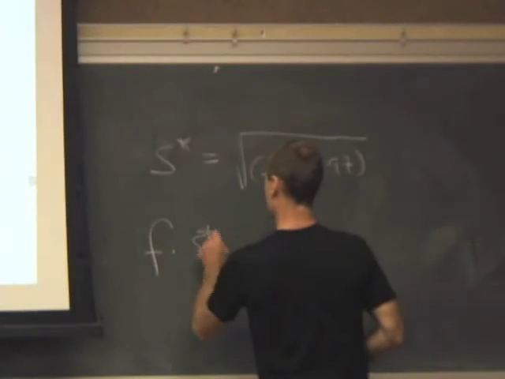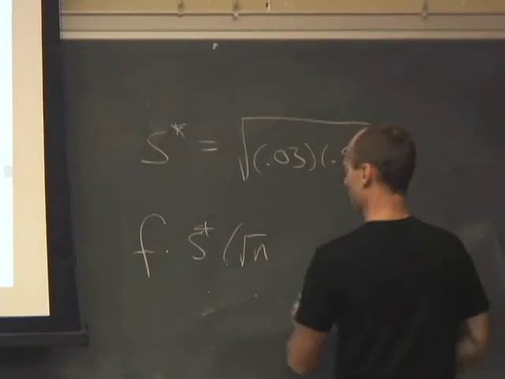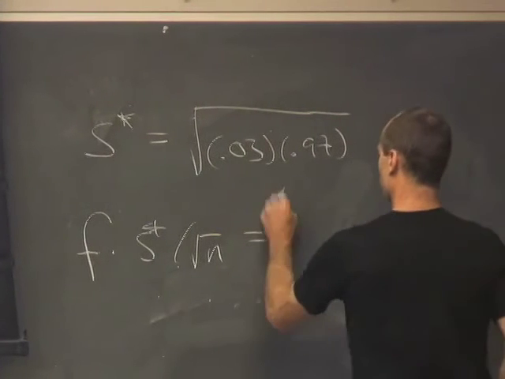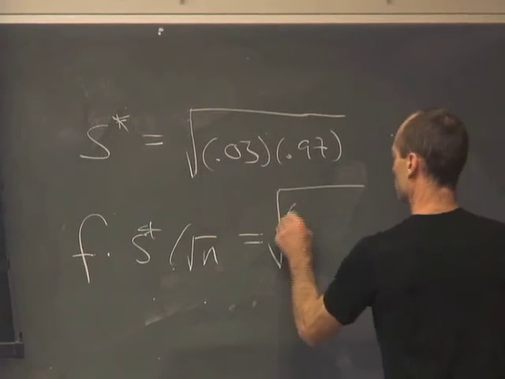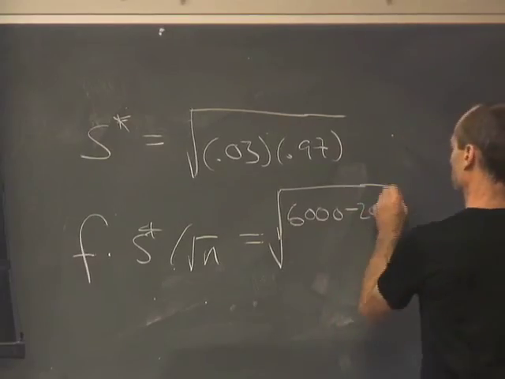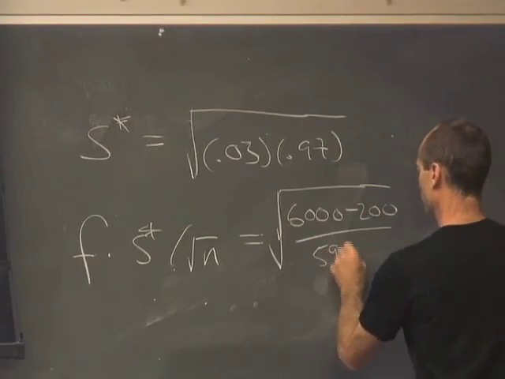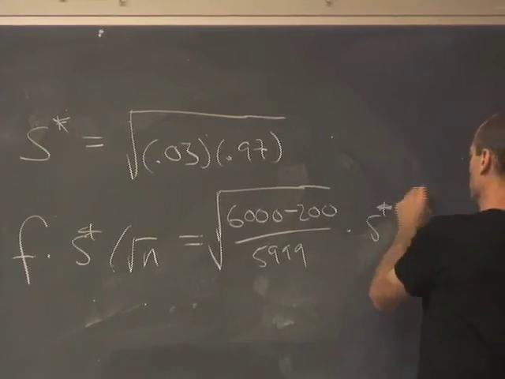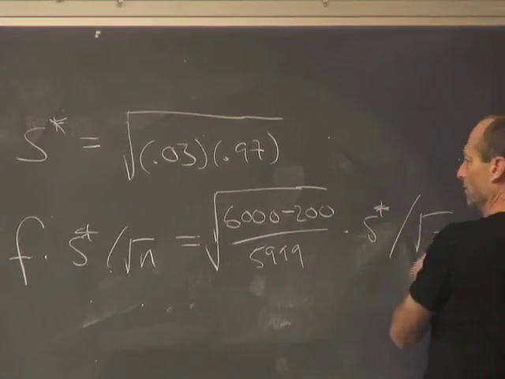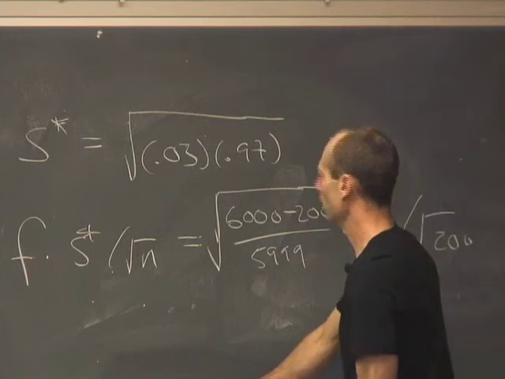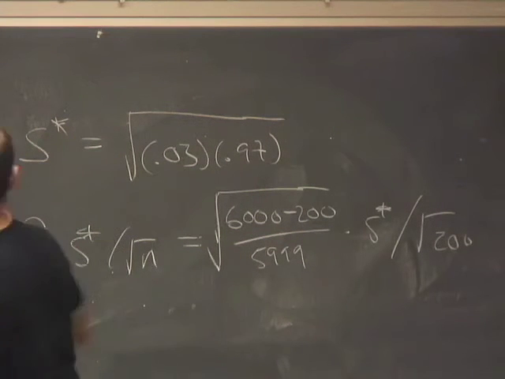We need to multiply F times S star over the square root of n. So F is going to be the square root of 9,000 minus 200 over 8,999, times this thing divided by the square root of 200.